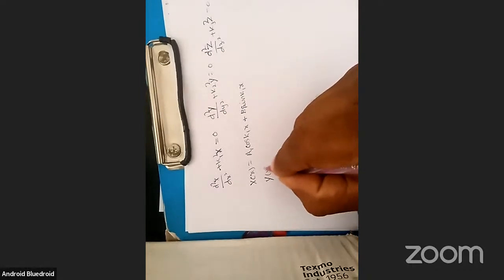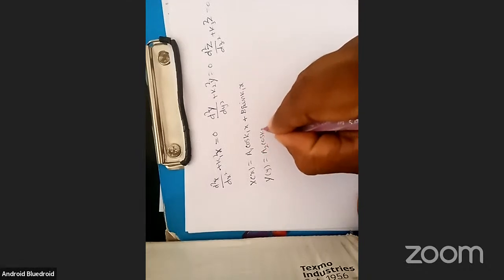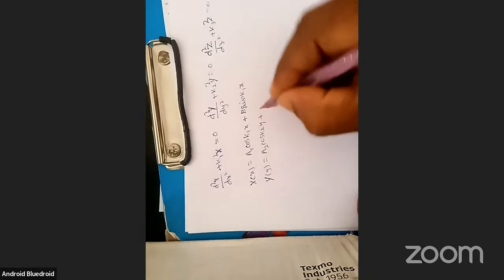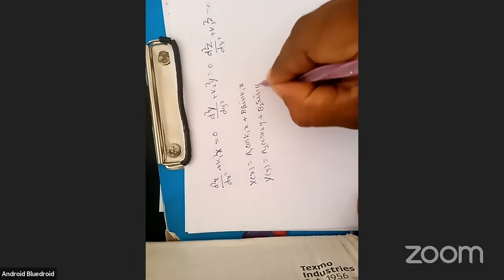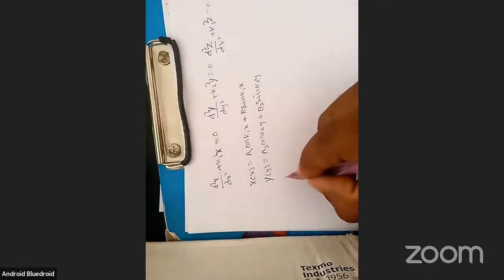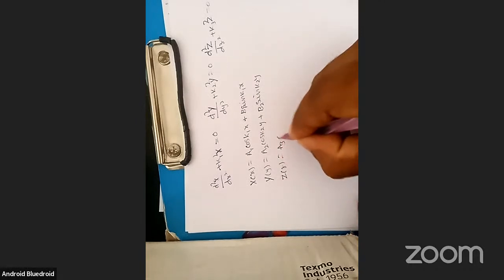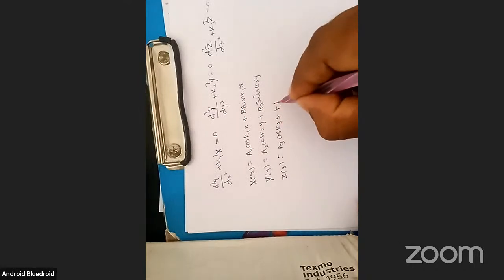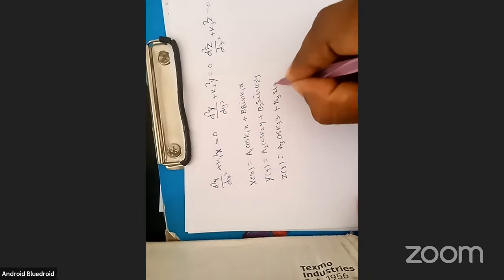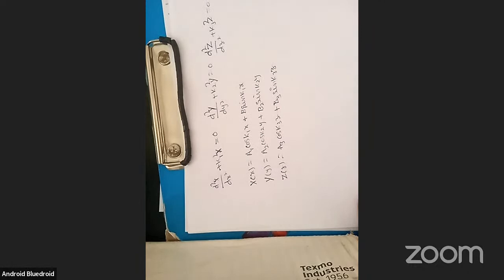Capital Y of y equal to A2 cos K2y plus B2 sin K2y. Next, Z of z equal to A3 cos K3z plus B3 sin K3z. Okay. These are the three equations, equation 17.6.